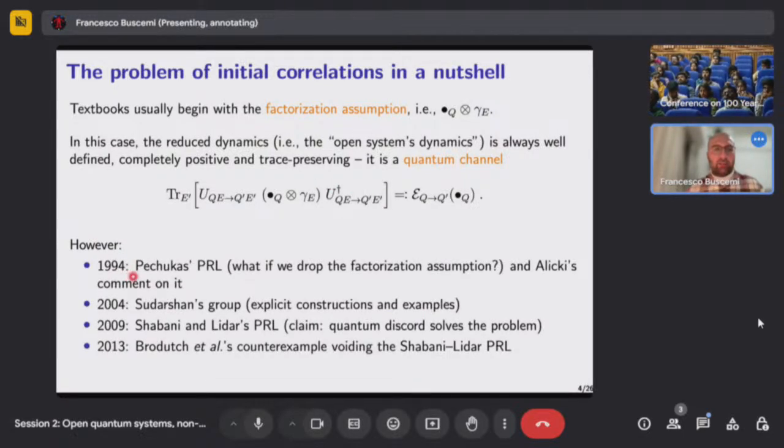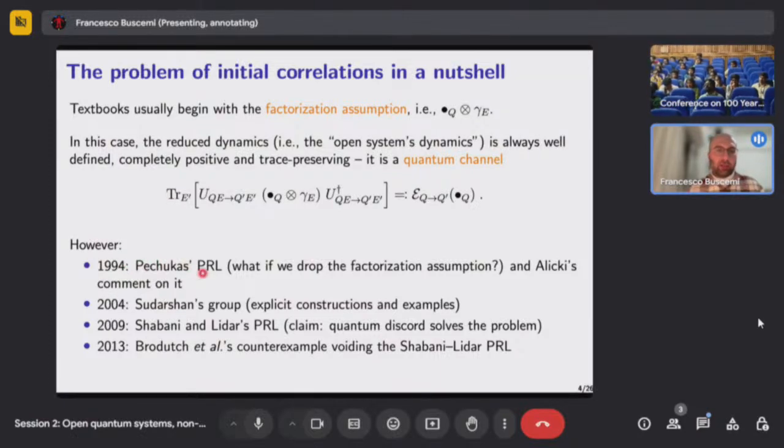I would say the first situation I'm aware of in which this initial factorization assumption was challenged is a famous Physical Review Letters paper by Pechukas, published 30 years ago, that puts forth the idea of what happens if we drop the initial factorization assumption.